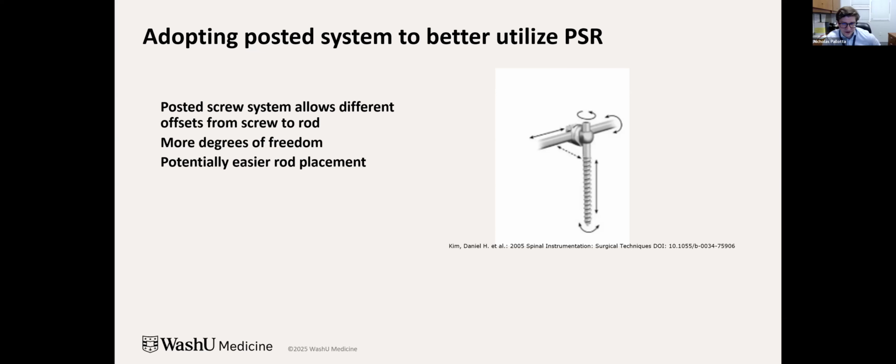And I was not unaccustomed to using these. I was a fellow of Manish Gupta, who's used posted systems for adult spinal deformity for the majority of his career. So I'd had some exposure to them and saw that they can be very useful with a uniplanar bent rod.